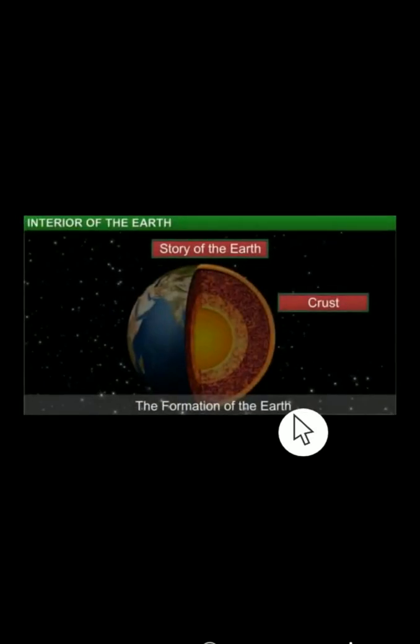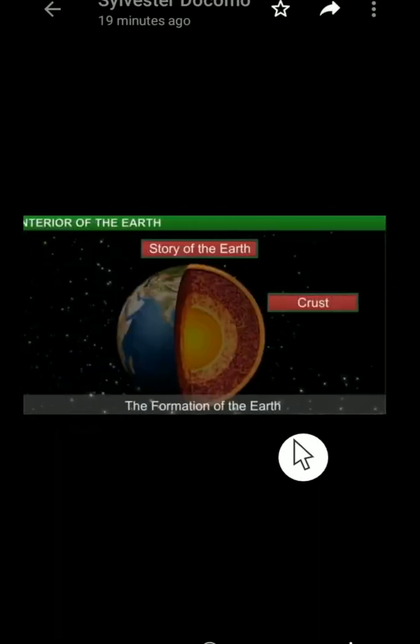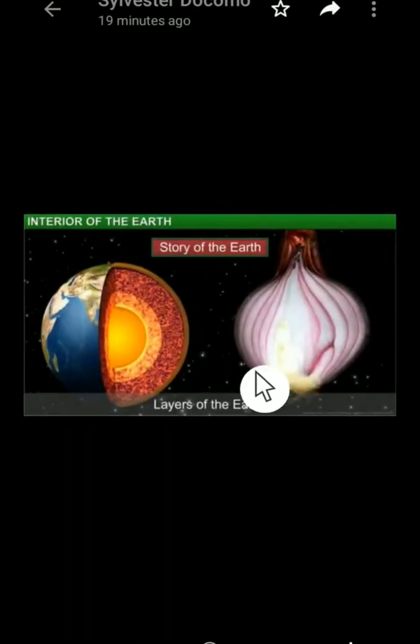Once the crust was formed, we had a very hard surface today where we have built buildings, where we stay. The earth, as I told you, somewhat looks like this onion. There are various layers beneath the earth's surface. Though the onion from outside looks round, in the interior of the onion, when we cut it, we can find these kinds of layers.